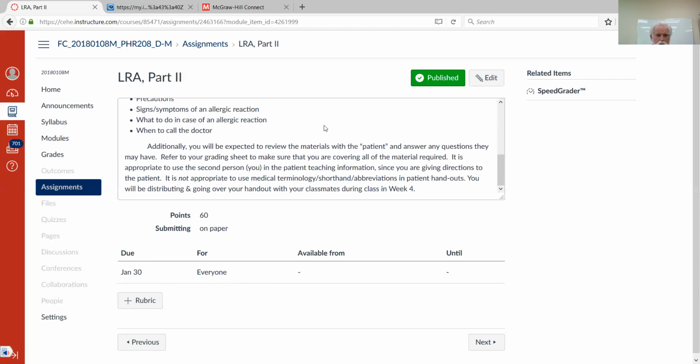So we have a grading sheet that you can look at. You'll see what you're going to grade each other on. Remember that even though you're going to be talking to each other, and you guys are in the medical program, so you speak the medical language, don't use that because you cannot trust that your patient understands anything medical.